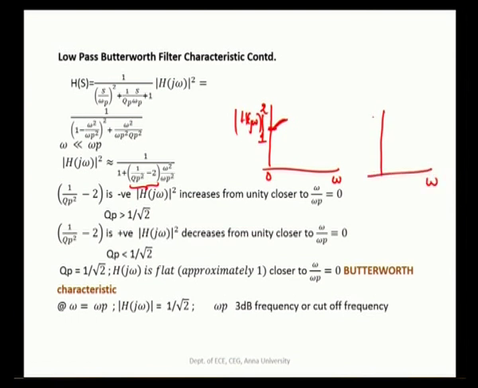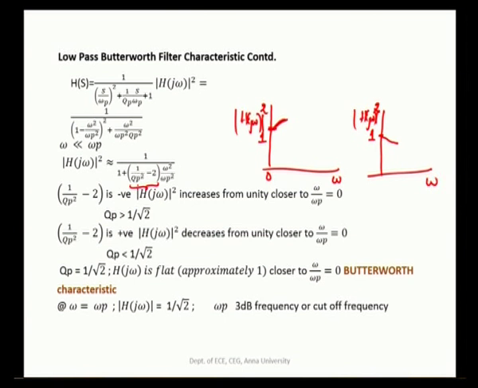So, from unity, |H(jω)| squared decreases. This is the case for 1 by Qp squared minus 2 being positive. So, these are the two cases. Now, consider the case 1 by Qp squared equal to 2.